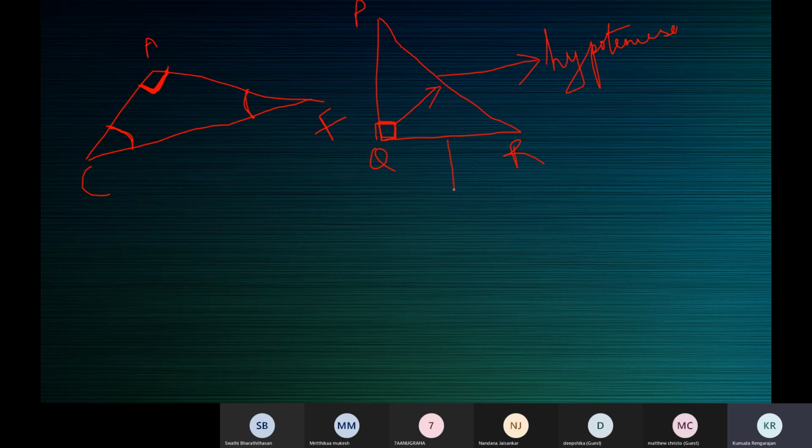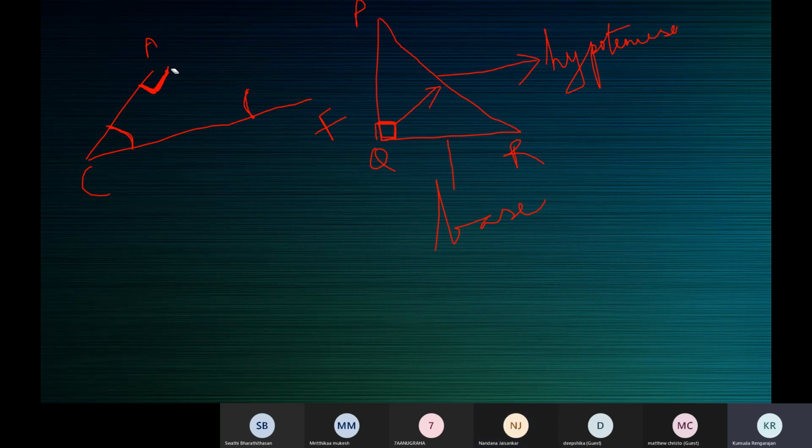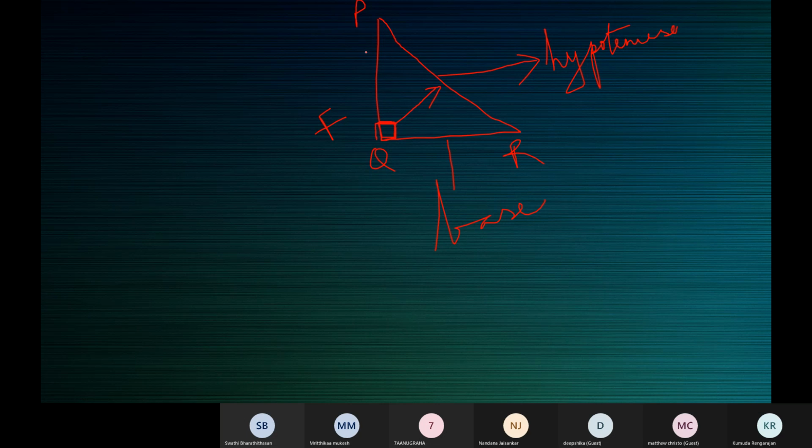So this is called the base, and this is called the perpendicular. Or height, ma'am. All right, perpendicular.